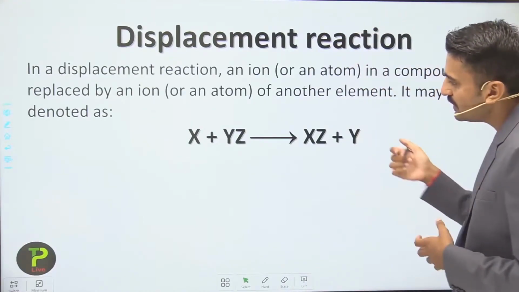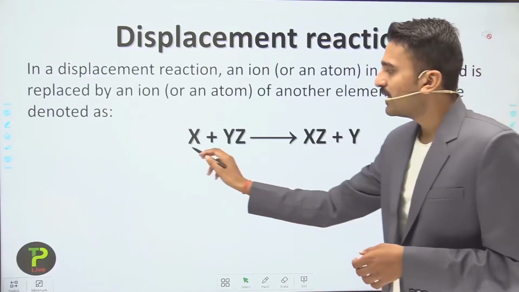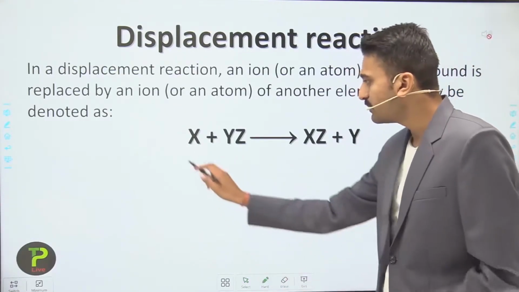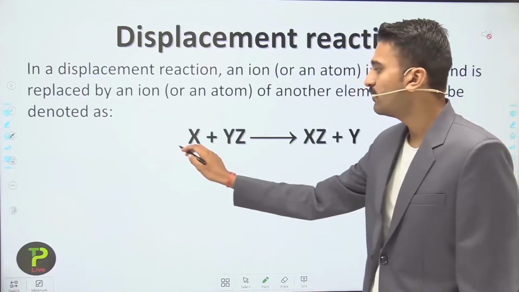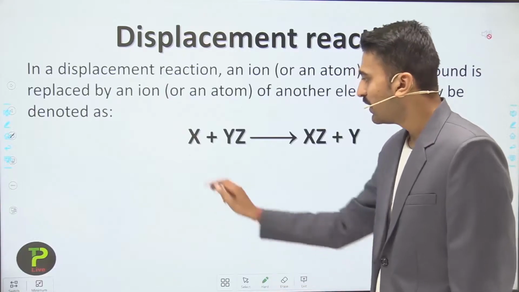So here is the representation of the displacement reaction, in which X is what?